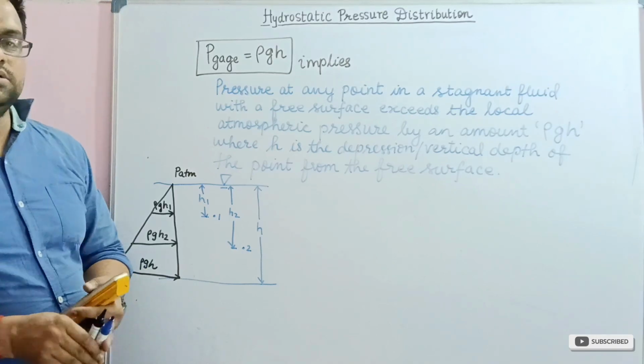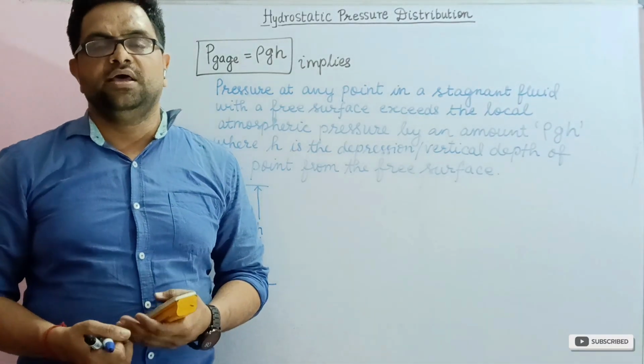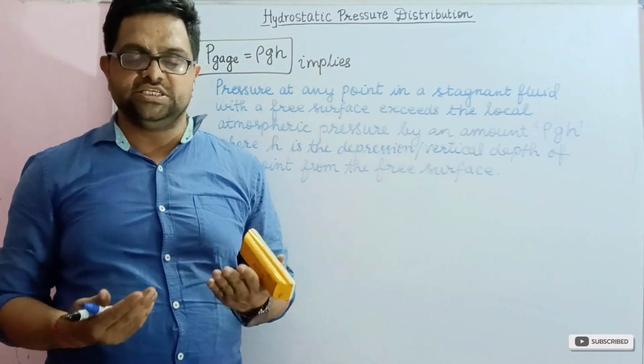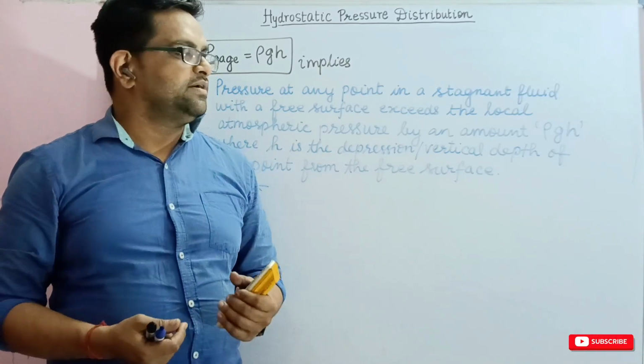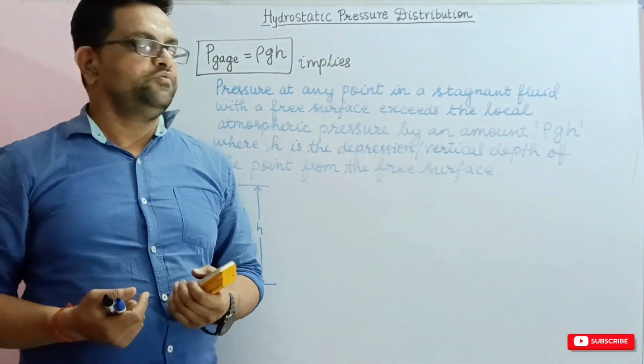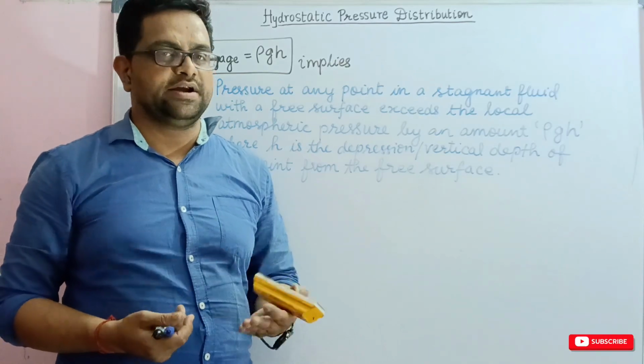Now let's calculate the variation of pressure with depth for compressible fluids. In case of compressible fluids, we know that the density changes with change in pressure and temperature. And by compressible fluids, we mainly talk about the gases. So we have an ideal gas equation, which is P is equal to rho RT.